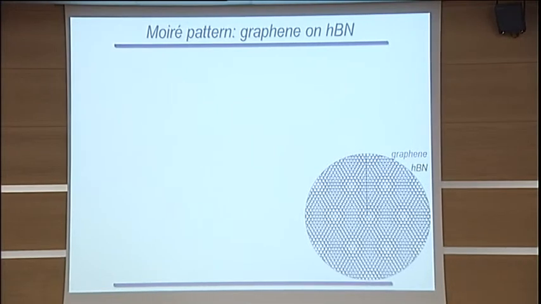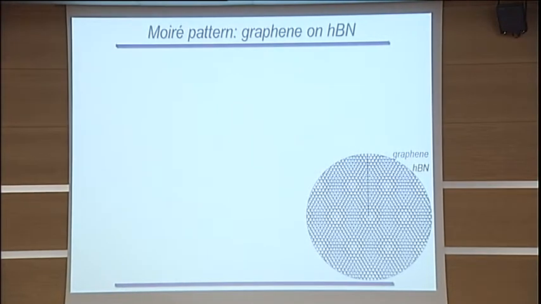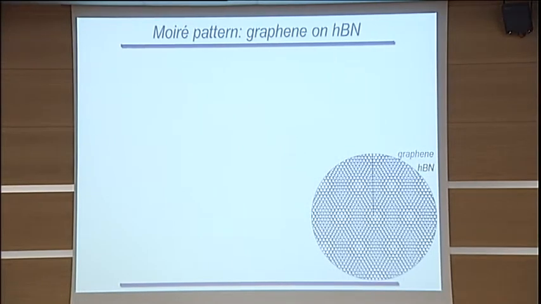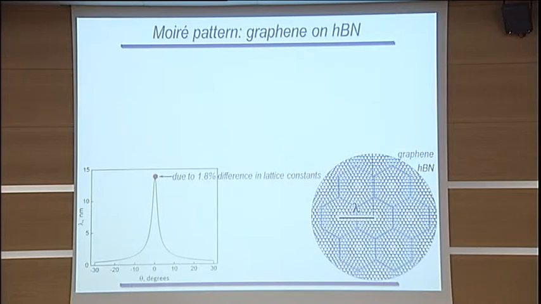If you put graphene on top of boron nitride, what you see is this Moiré pattern, which is there simply due to the fact that the lattice constants of the two crystals are different by 1.8%, and in principle, it's not only the geometrical effect, you can actually see it experimentally as well.